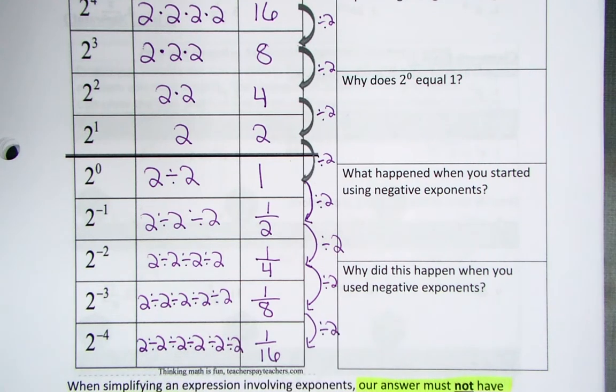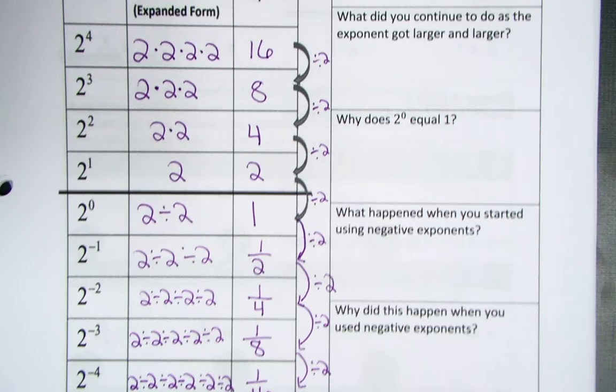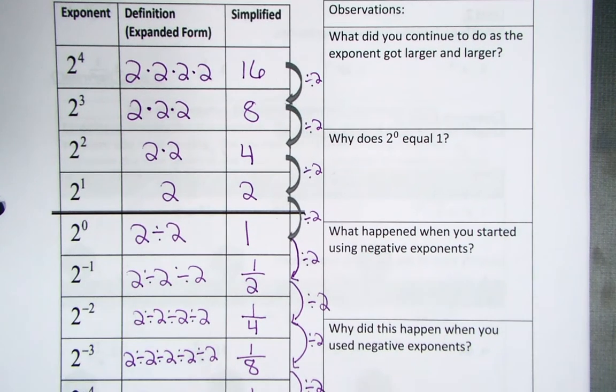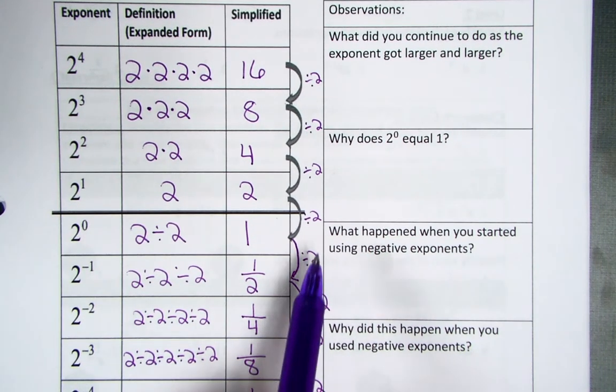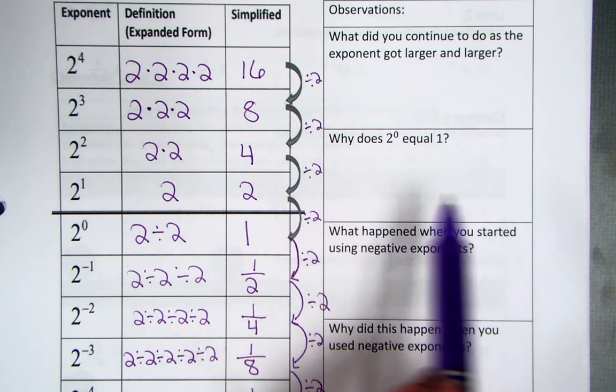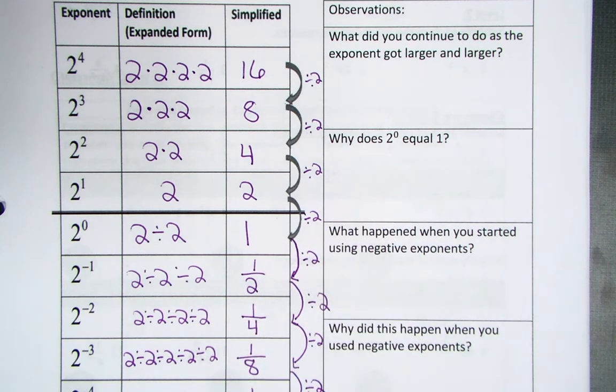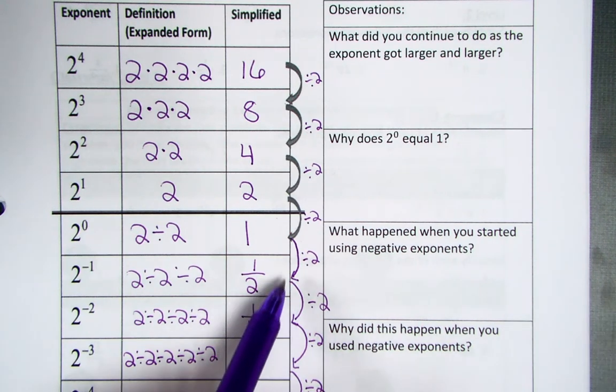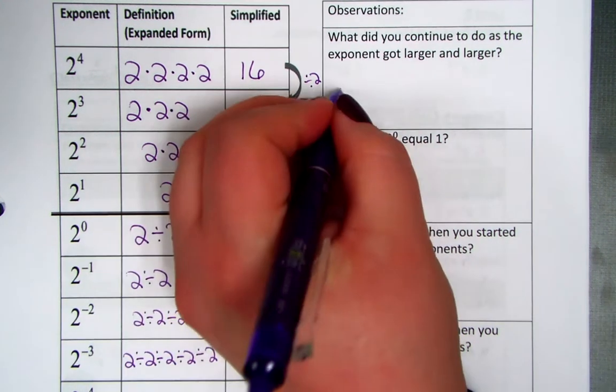So let's look at some observations here. The first observation I want to draw your attention to is what happens if we start at the bottom and we continue to move up and up and up. What do you continue to do as the exponent gets larger and larger? So to move up, instead of dividing by 2, each time I am multiplying by 2.